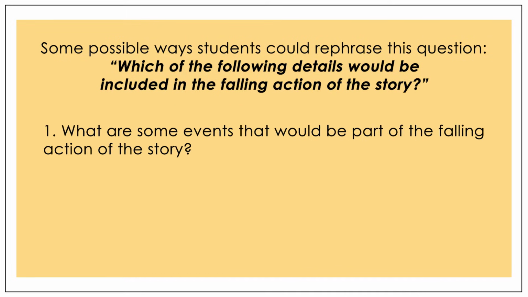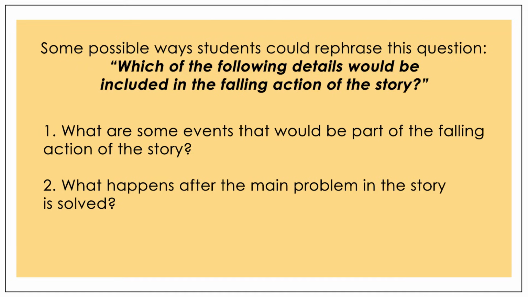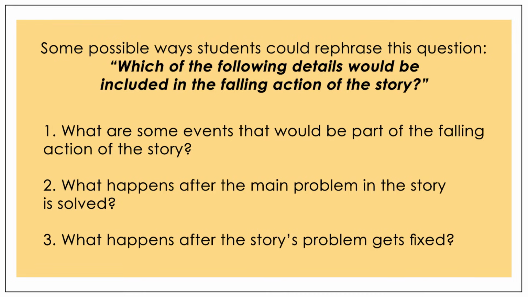What are some events that would be part of the following action of the story? Or what happens after the main problem in the story is solved? Or what happens after the story's problem gets fixed? Just to give you some examples. Now, once students have a better grasp of what the question is actually asking, they can more confidently choose the best answer choice. Okay, that's tip number 1.